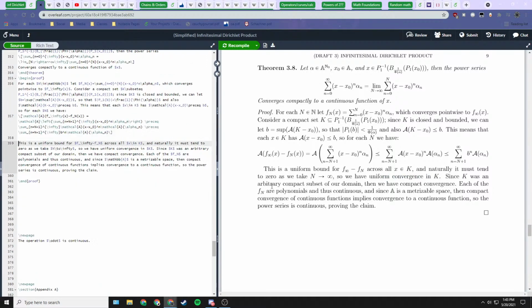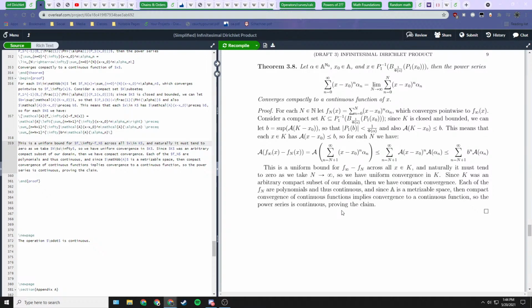Since K was an arbitrary compact subset of our domain, so we just said any compact subset of our cylinder set here, then we have compact convergence. Now we notice each of these initial terms, these f sub capital N, are just polynomials, a finite sum of monomial terms.